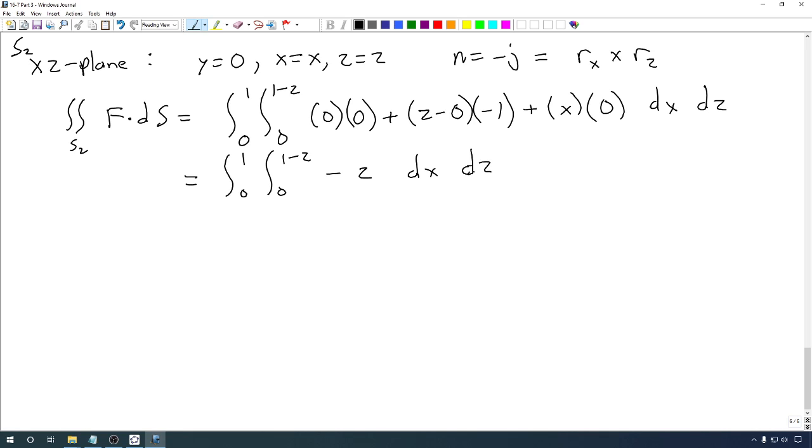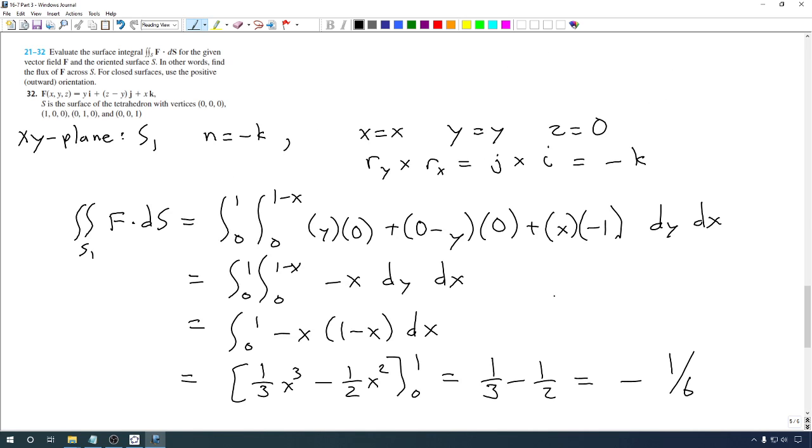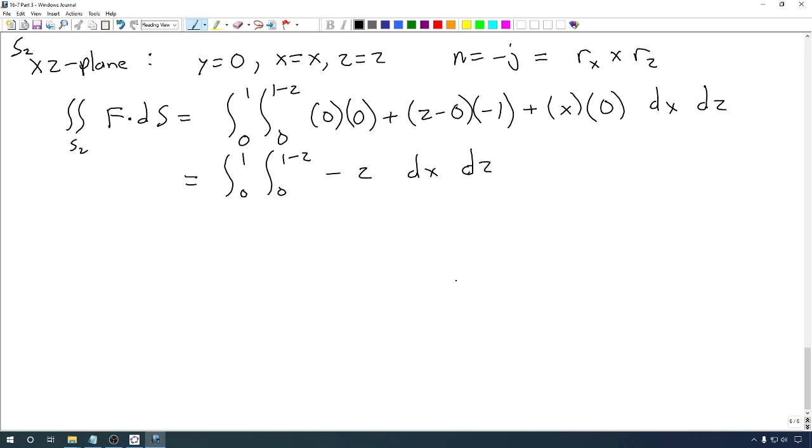And now the reason why I wanted to put it in that order is if you compare the format of this particular integral to this integral that we have here. Now we have different names for things. Here we have y dx, whereas here we have dx dz.